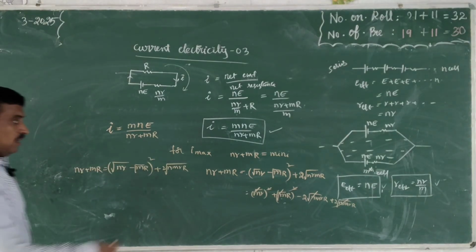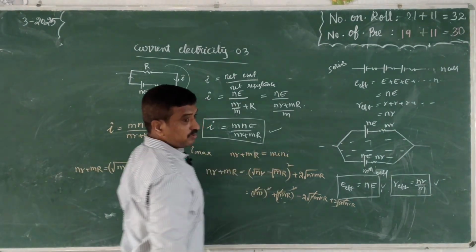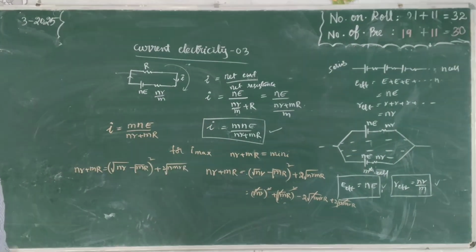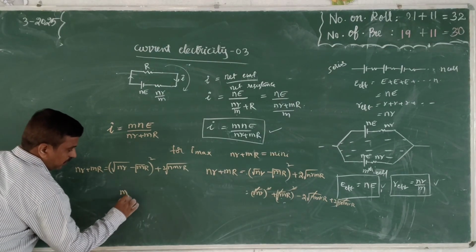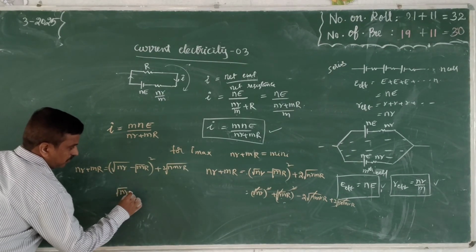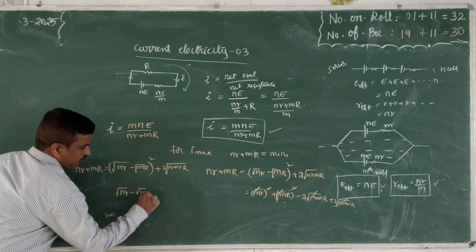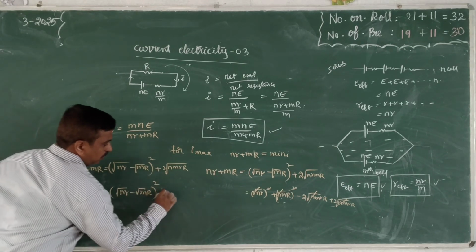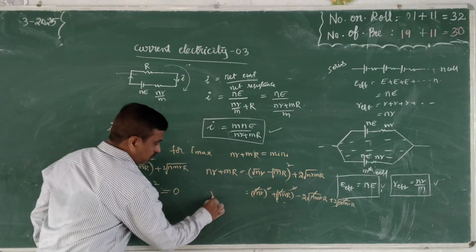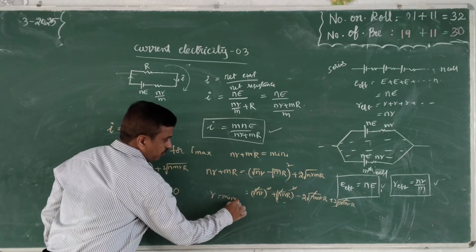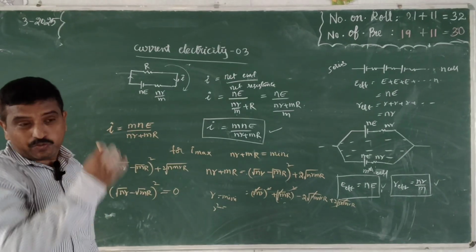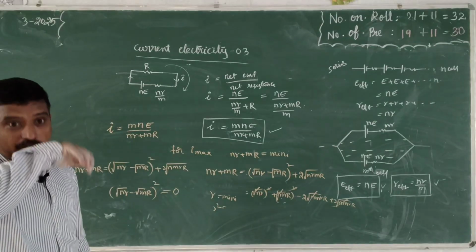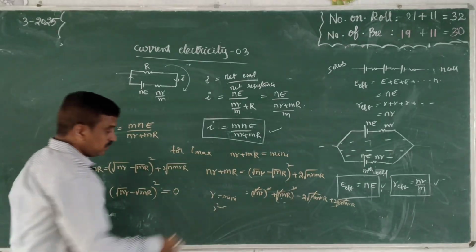See here, n r plus m R is minimum, so the square term automatically tends to 0. So we can take root of n r minus root of m R whole square equal to 0, meaning the value is minimum. For example, if r is 0.1, r square is 0.01, which is very small, nearly equal to 0.